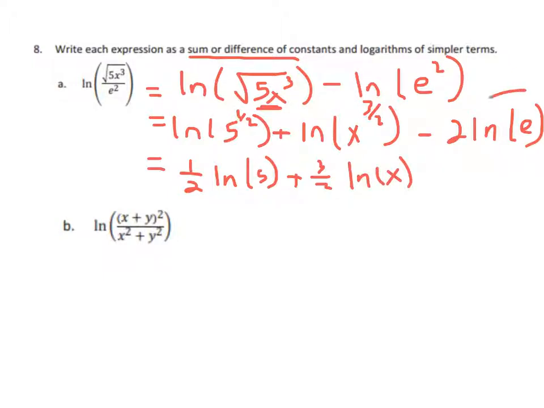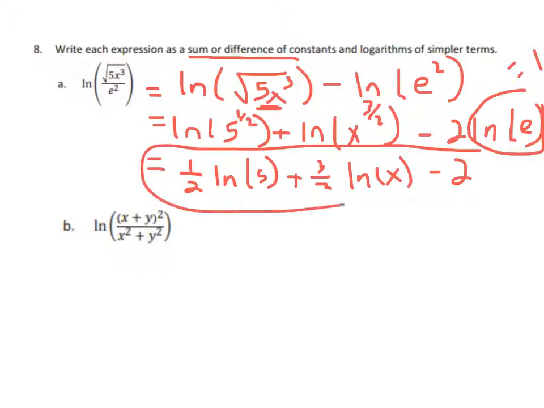And then remember, the natural log of e is equal to 1. So what's 2 times 1? 2. So minus 2. So there's my answer. Ugly, but it is cleaning it up as much as you can, simpler at this moment. That's as far as you go.